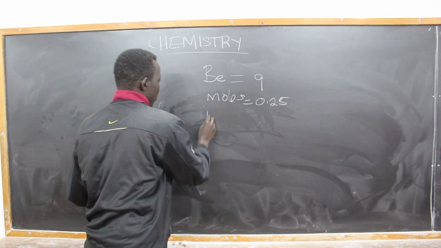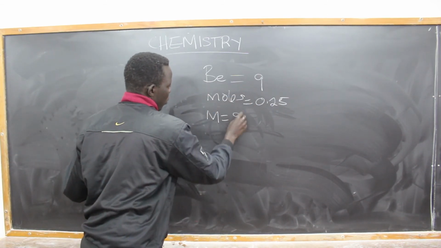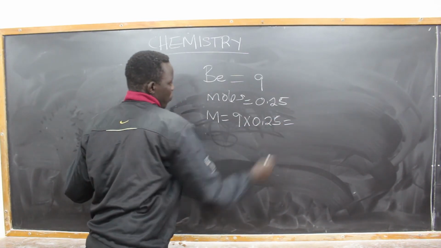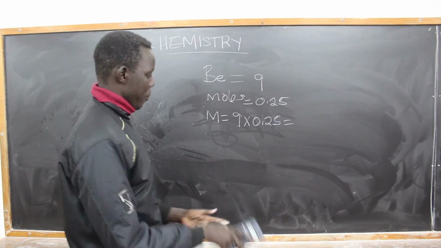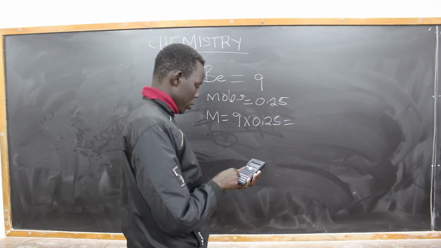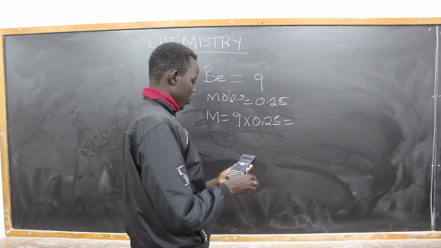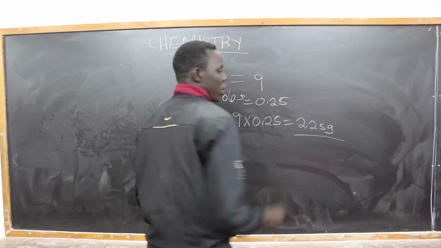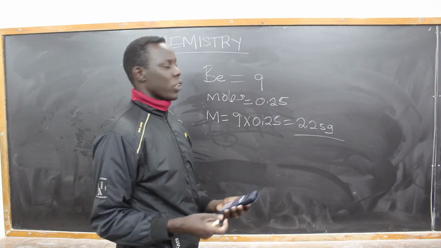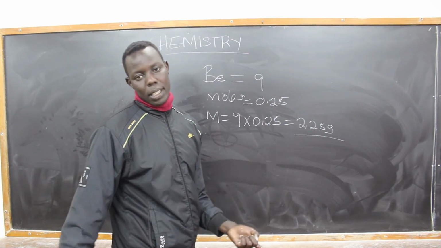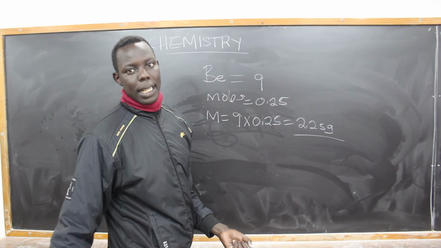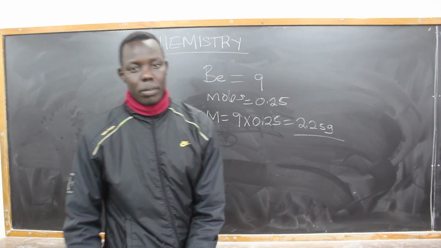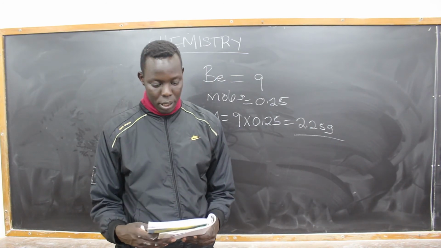So the mass is going to be 0.25 times 9 grams. It's only when you are calculating the molecular mass that you will not put the units. The reason is very simple: it is a ratio.